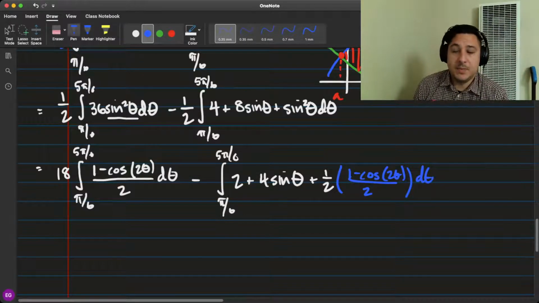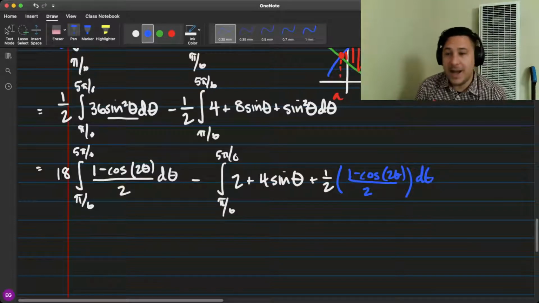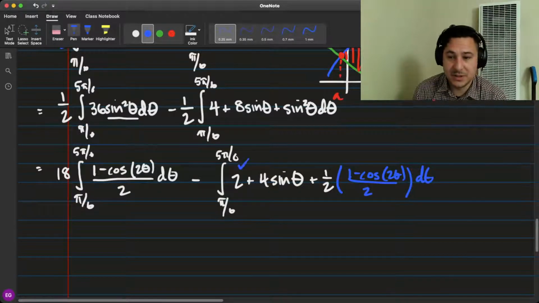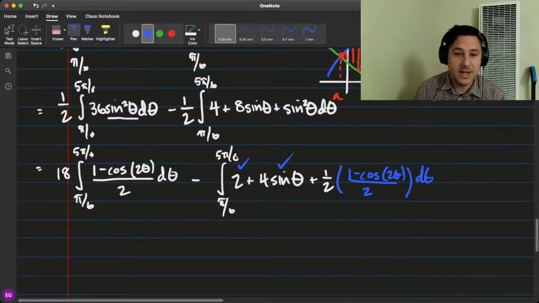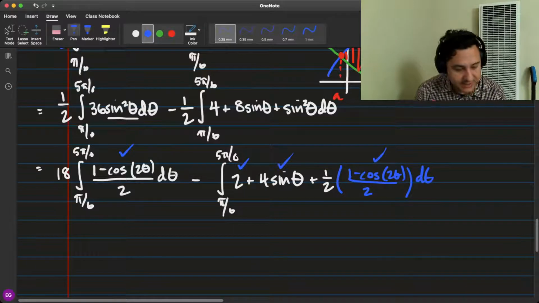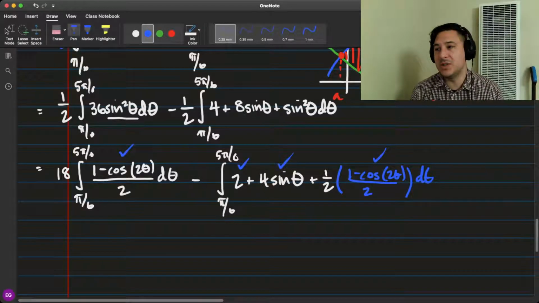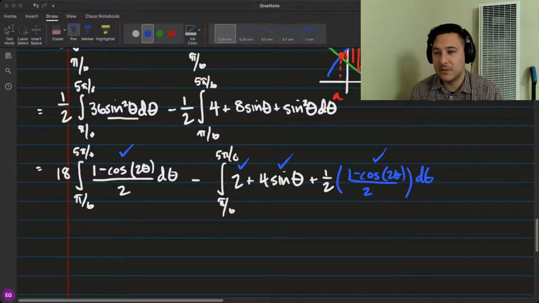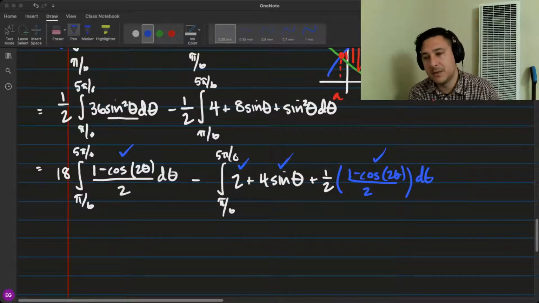Okay, and at this point, you can actually find the antiderivatives of all of these. You can definitely find the antiderivative of 2, you can definitely find the antiderivative of this one, and then if you look up in your book, it's not hard to find these. Does it make sense? I'm just going to skip over to what the number is, because it's a waste of our time to go through all the steps. You can see the antiderivative in a table of derivatives.